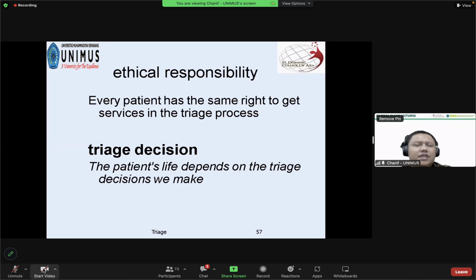It is an ethical responsibility: every patient has the same right to get service in the triage process. The patient's life depends on the triage decision we make, so it is one of the first services when a patient is admitted to hospital, because the decision will influence the patient's life.